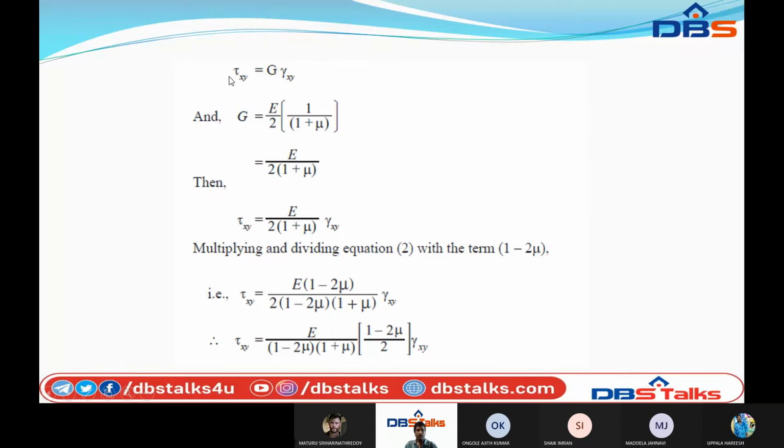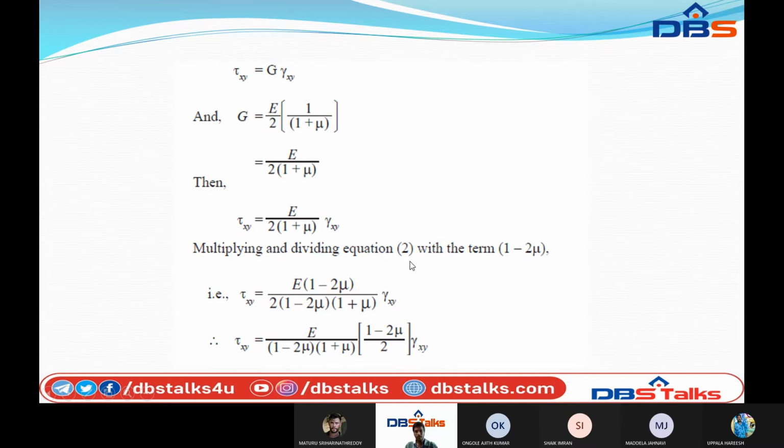In that statement, tau xy, that means shear stress in the xy direction, is directly equal to modulus of rigidity into strain in the xy direction. In that tau xy, I am taking the G value, that means E by 2 into 1 plus mu, into mu xy.